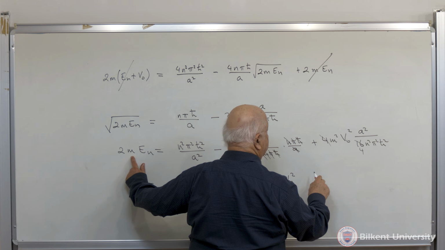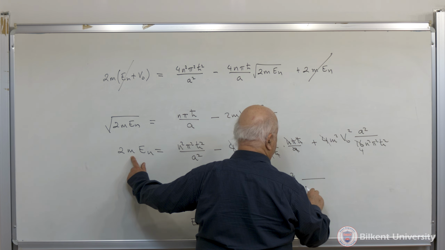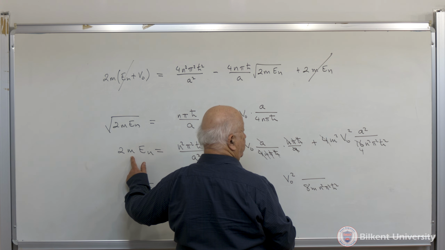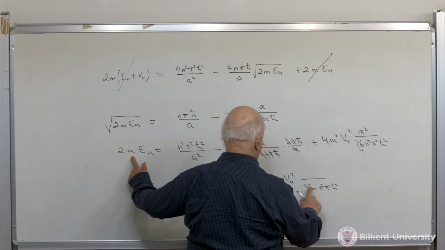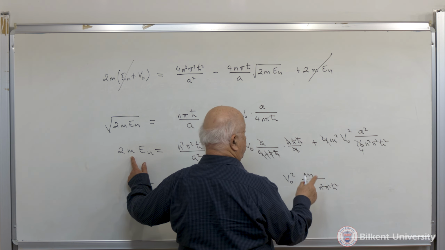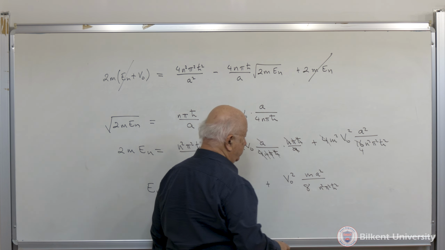There's a 2m here, so that's going to be 1 over 8m n squared pi squared h bar squared. So it's going to be 1 m in the numerator, 8a squared. Can you see what this is?